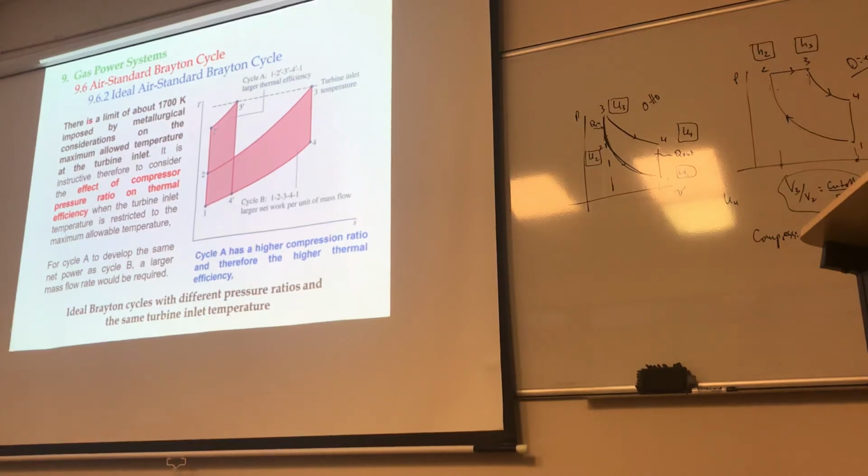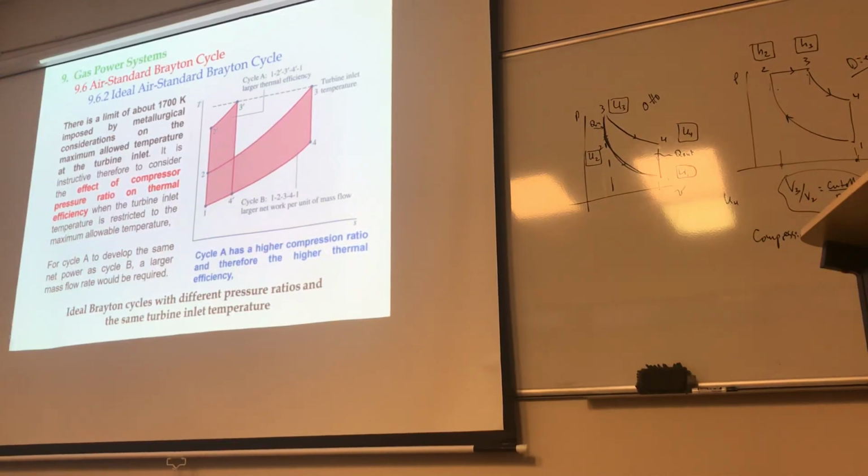So it says here there is a limit of about 1700 K imposed by metallurgical considerations on the maximum allowed temperature at the turbine inlet, because that's where the action happens. You see, whatever goes into the turbine is really what came out just out of the combustion, right?